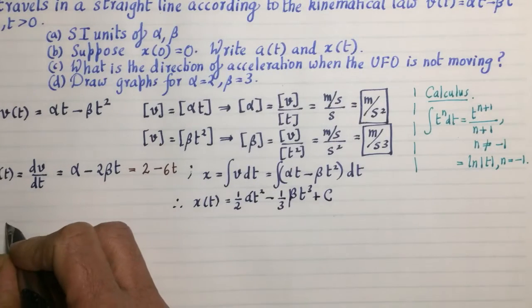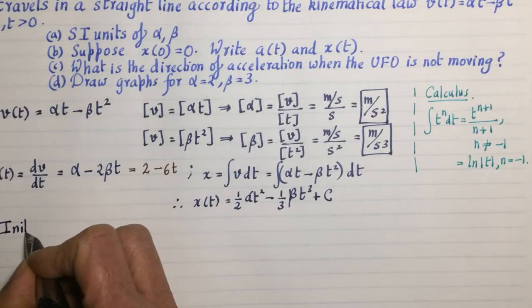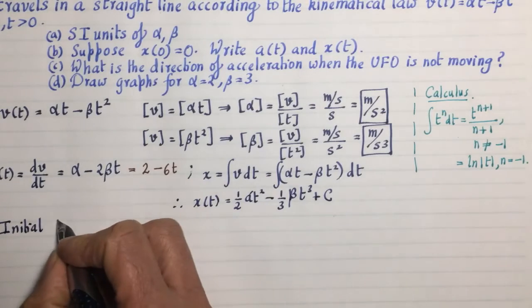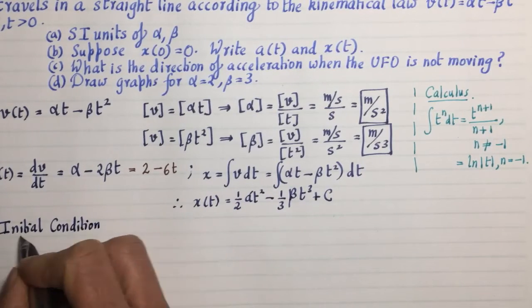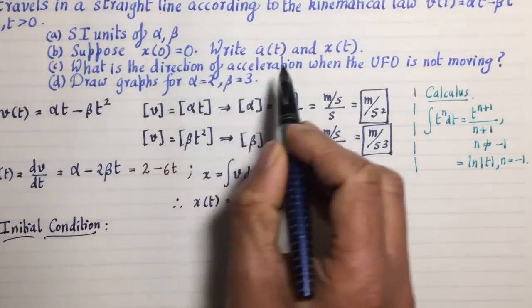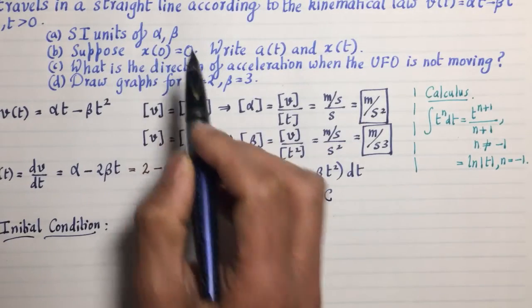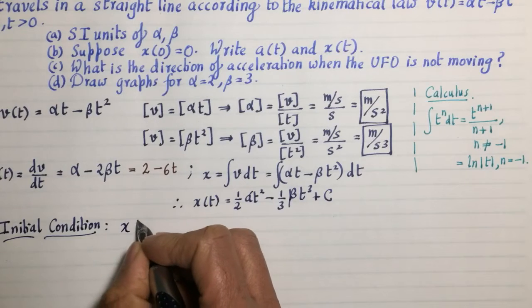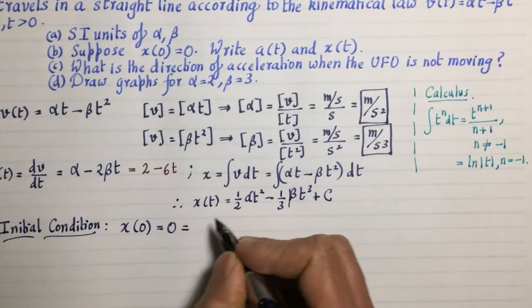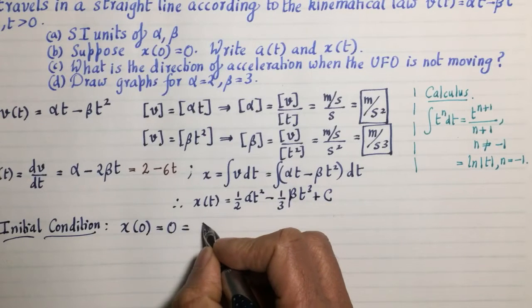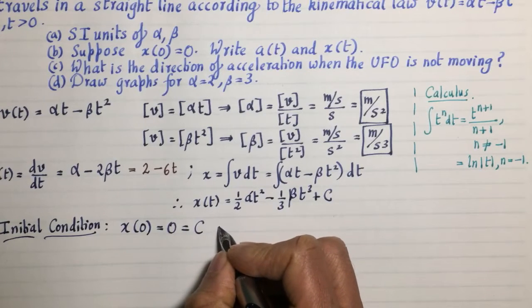To determine the constant, we need what's known as the initial condition, which is given to us actually. The initial condition is that at t equal to 0, x is equal to 0. So let's use that. x of 0, which is 0, is equal to, when you put 0, that's 0, that's 0, so that gives me c is 0.